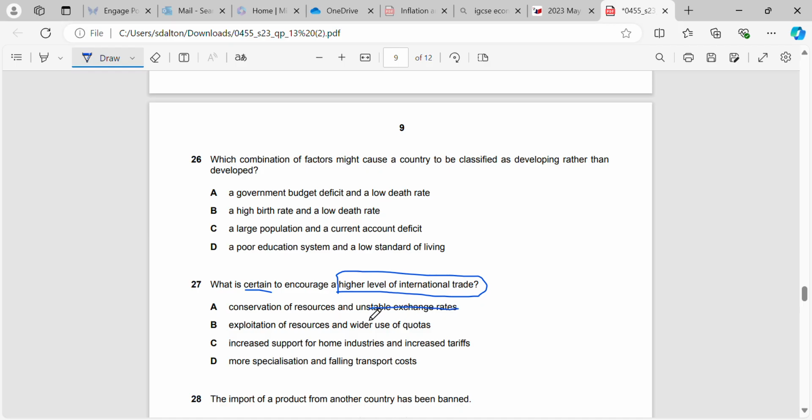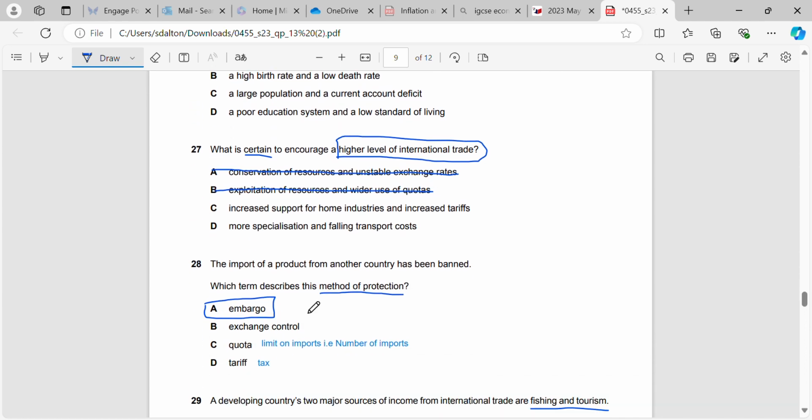That is not going to create an environment of certainty. So international trade may reduce. The exploitation of resources and wider use of quotas, also definitely not. If we look down here again, quota is a limit on the imports, so that will restrict international trade. It will not help it.